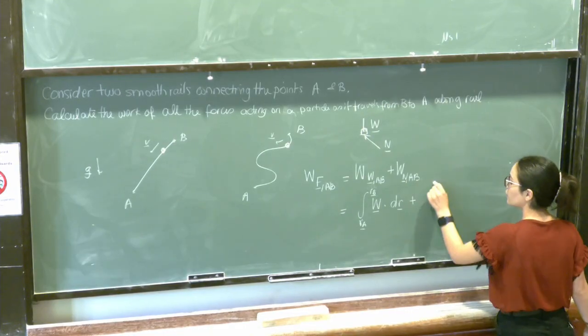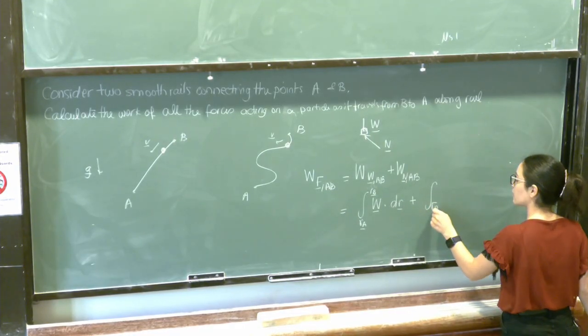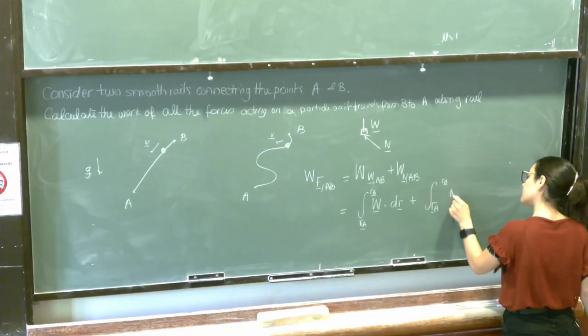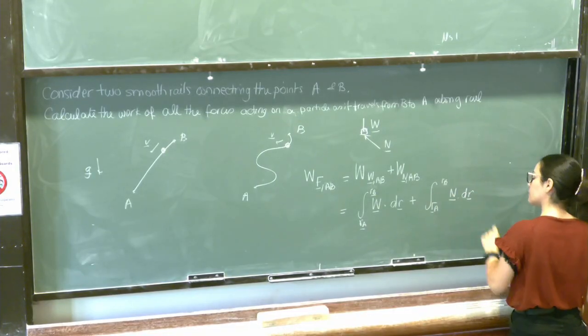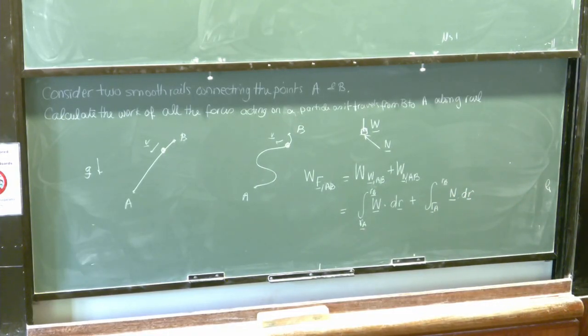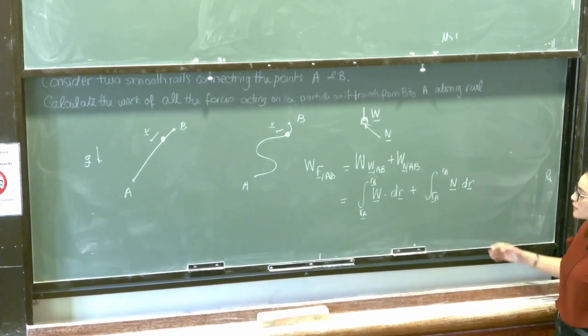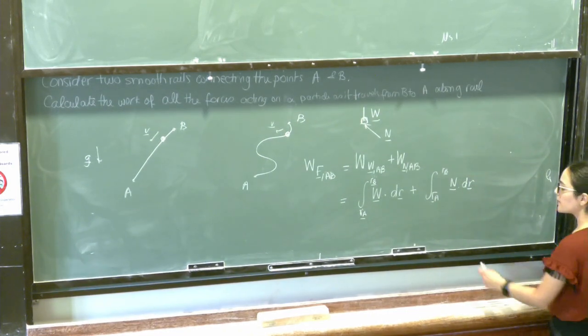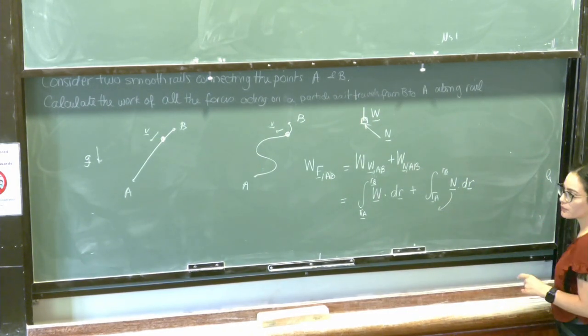So this first portion is the work of the weight. The second portion would be the work of the normal force. Okay. How can I justify mathematically that the work of the normal force is going to be 0? What is the direction of the normal force going to be?